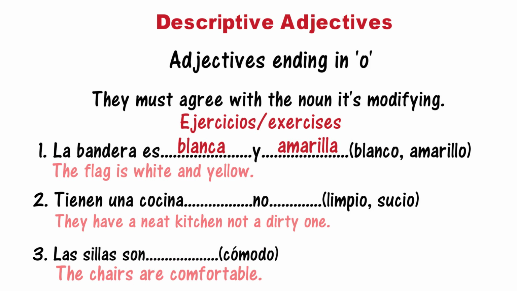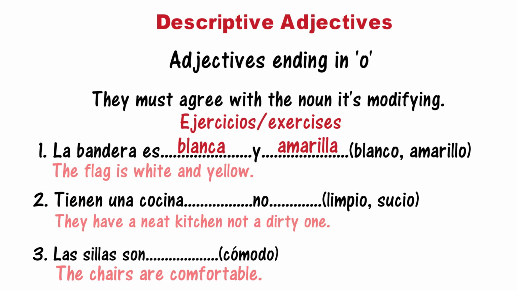The noun is feminine. La bandera is a feminine noun, and so the adjectives blanco and amarillo must agree with the noun. Blanco becomes blanca, amarillo becomes amarilla. The flag is white and yellow.